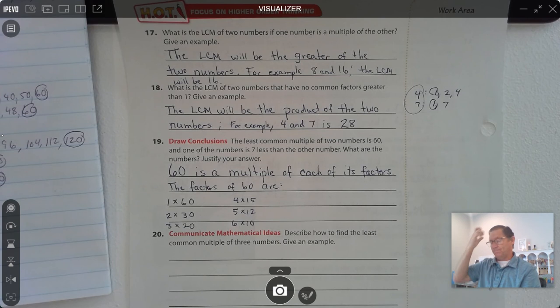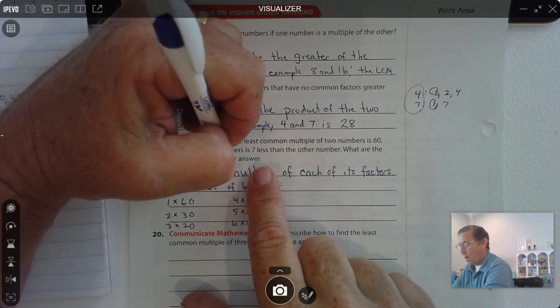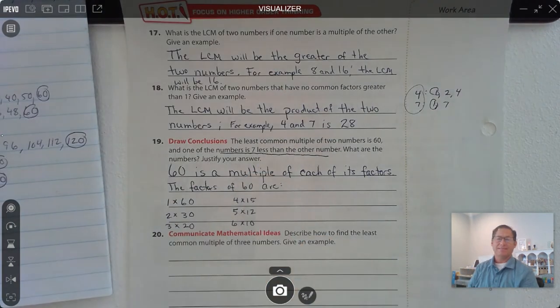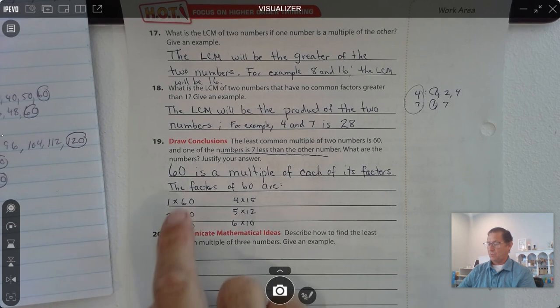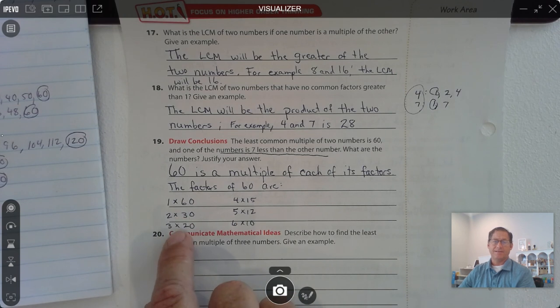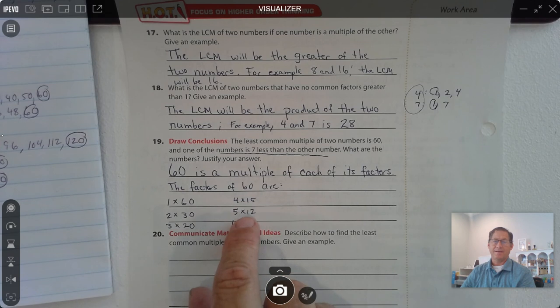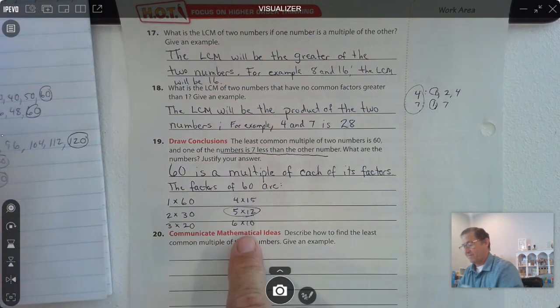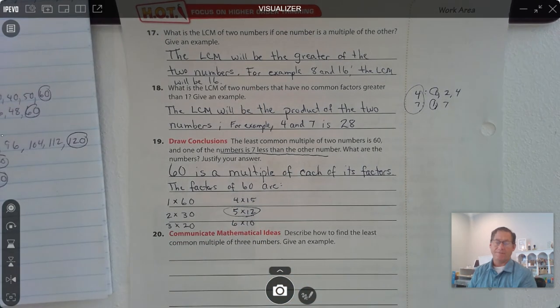All right, well, it says one of the numbers is 7 less than the other. Well, if those are the two numbers, that's not a difference of 7. That's not a difference of 7, nor is that. 5 and 12 has a difference of 7.